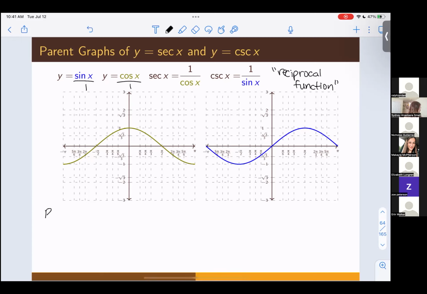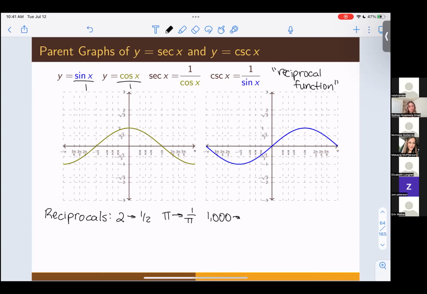So bearing that in mind, let's think about how we would graph these. So how do reciprocals work in terms of numbers? How do we think about what happens at reciprocals? Well, let's start with the number 2. The reciprocal of 2 is 1/2 because we're just taking 2 over 1, flipping it over. What about pi? The reciprocal is 1 over pi. What about 1,000?